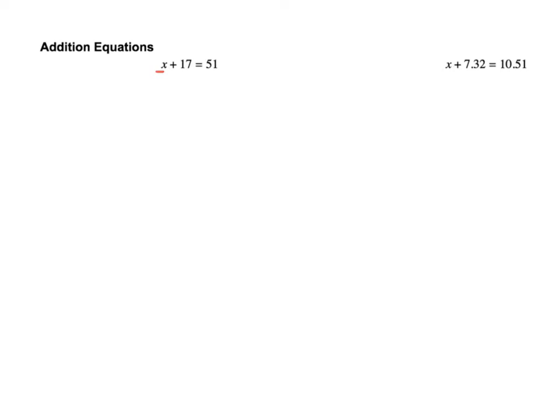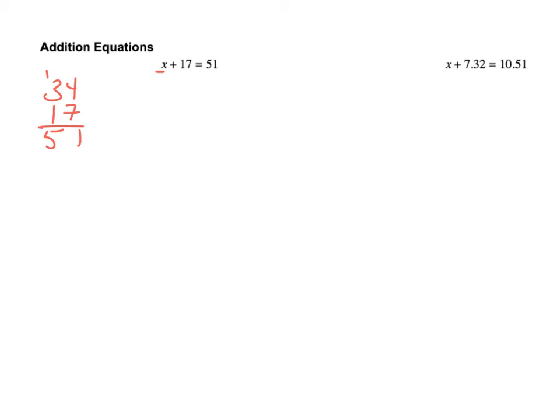We can use it logically, thinking, okay, some number, when you add 17 to it, has to give you 51. Well, the only number that does that is the number 34, okay? If I test that out, I can do basically guess and test. 34 plus 17, when I add the 4 and the 7, I get 11. 1 plus 3 plus 1 is going to be 5, so I get 51. And that's the only number that will work.